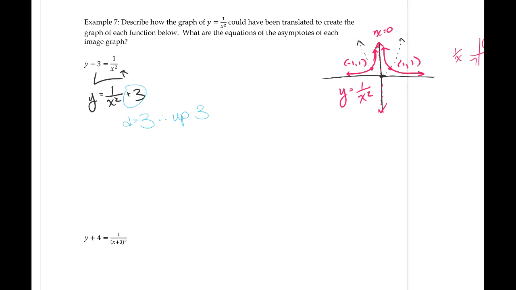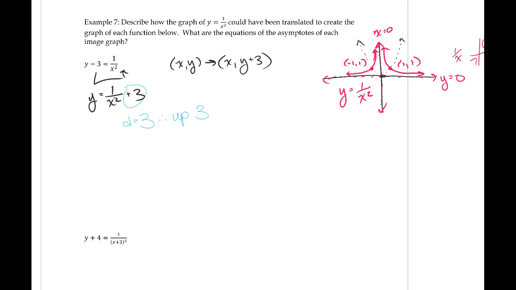Because of this, I should probably note that I do have a horizontal asymptote here at y equals 0. Just like with my mapping notation, my parent function would have been (x, y), and we could denote our translation (x, y plus 3). Well, that even applies to our asymptotes.